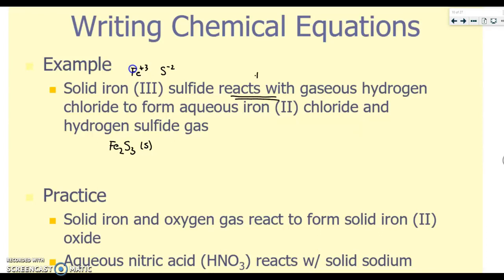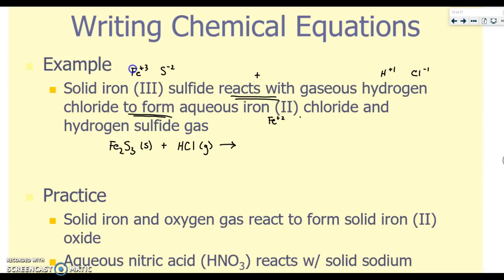Reacts with is a plus sign. Then it says gaseous hydrogen chloride. Hydrogen is +1, chlorine is -1. So it's plus HCl when we cross our charges, and it's a gas. To form is an arrow. Aqueous iron(II) chloride.